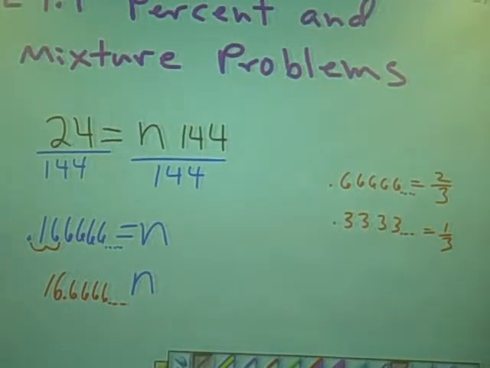Okay? 0.5 is just 1/2. Okay? And so on. So this would be 16 2/3%. Okay? All right.